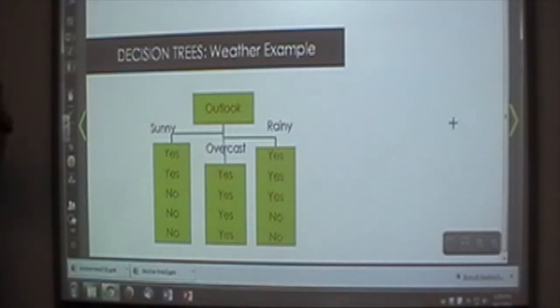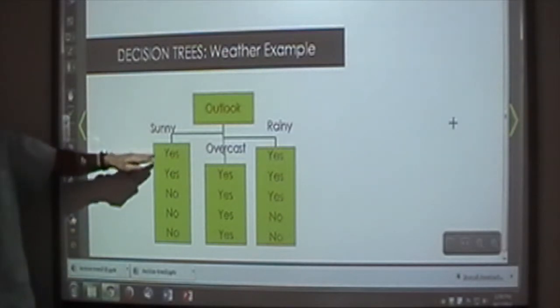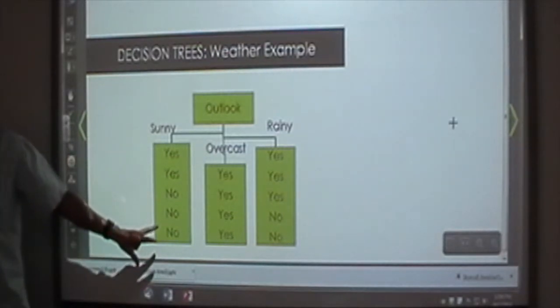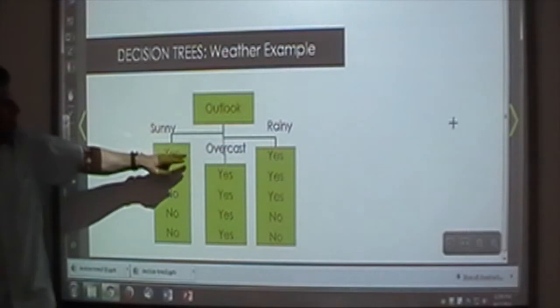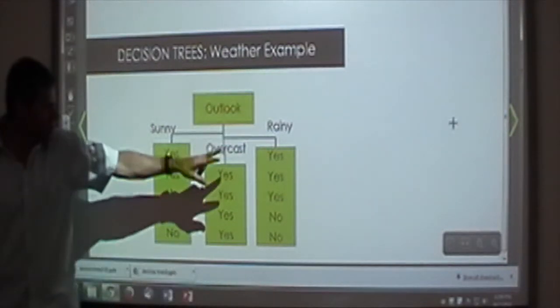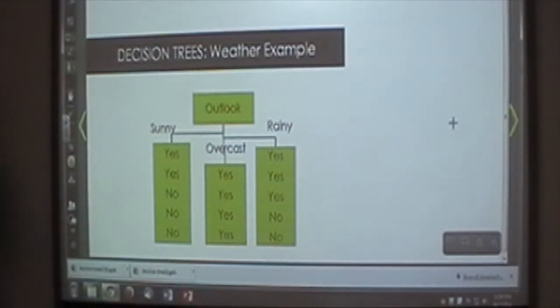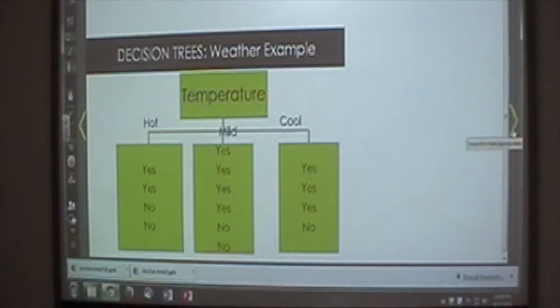After outlook, we can then go sunny. The 3 different classes were sunny, overcast, and rainy. And notice in sunny we had 2 yeses and 3 nos, so 2, 3. Overcast was 4, 0, and rainy was 3, 2. And we left off here.